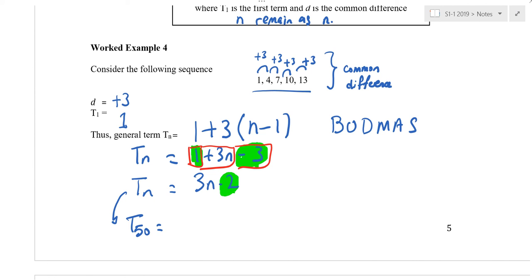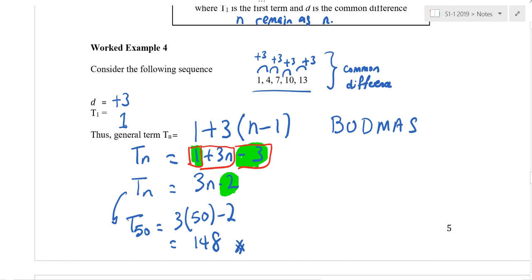T50 means n is equal to 50. Yes, Xinjie? Correct. But can you tell me how to get 148? 3 times what? 3 bracket 50 minus 2. Zhehang, is she correct? Yes, indeed.